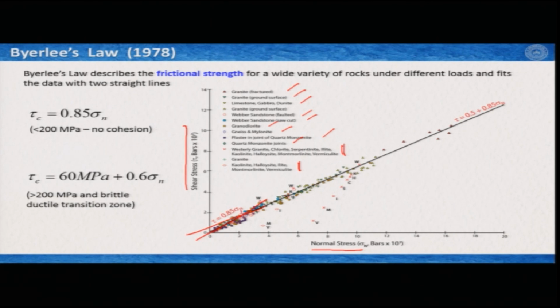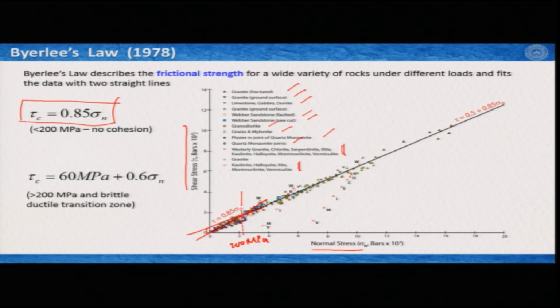So, up to around 200 megapascals confining pressure, Byerlee proposed that below 200 megapascals rocks hardly have any cohesion, and the slope gives the coefficient of friction. So, he got this equation that at low confinement rocks have a coefficient of friction averaging 0.85.